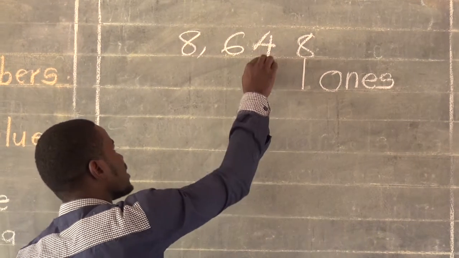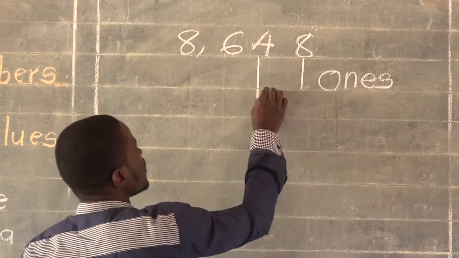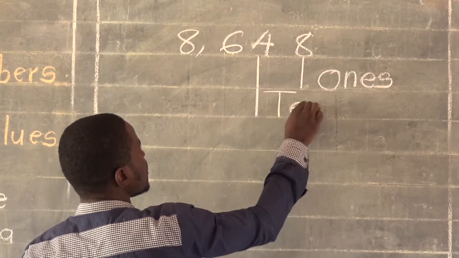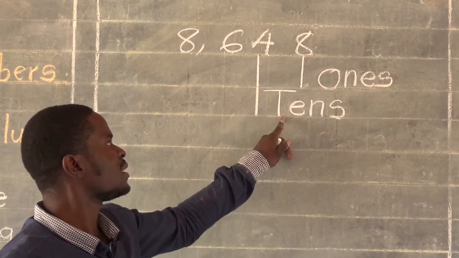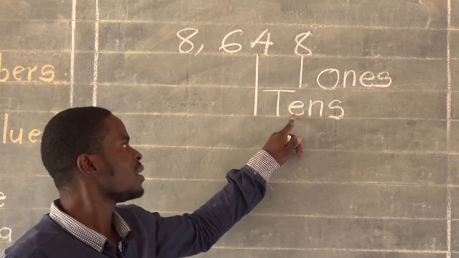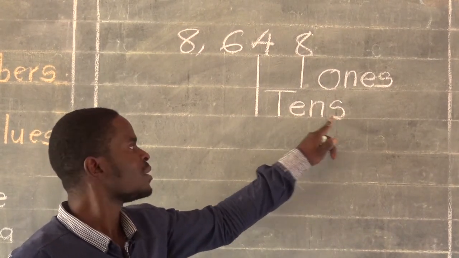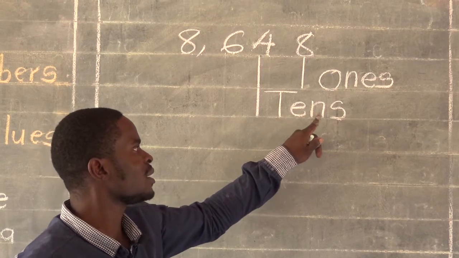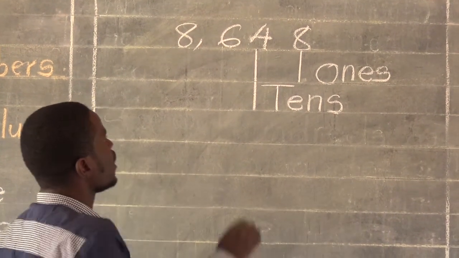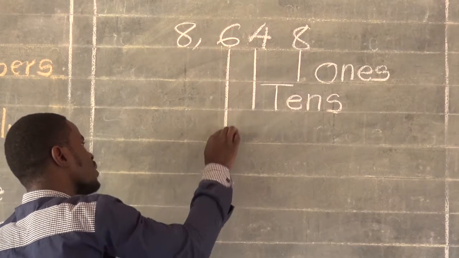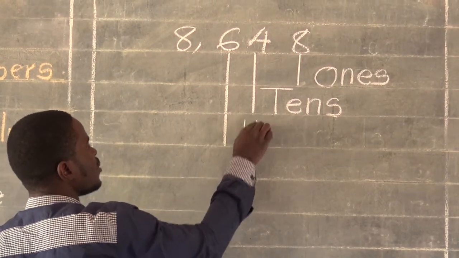Let's go to the second one. It is the tens place value. Let us spell the word tens. T-E-N-S. The word is tens. Let's go to the next place value, and that is the hundreds place value.